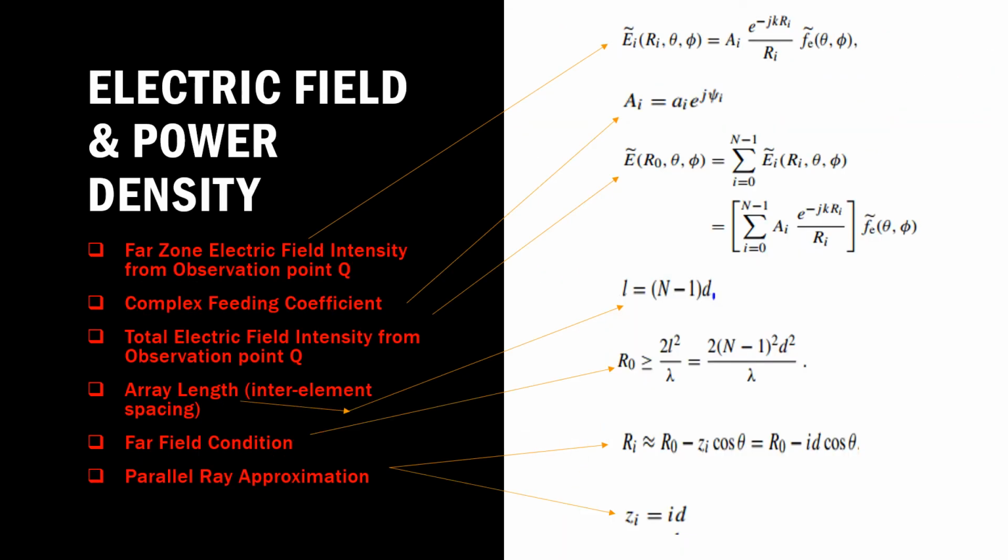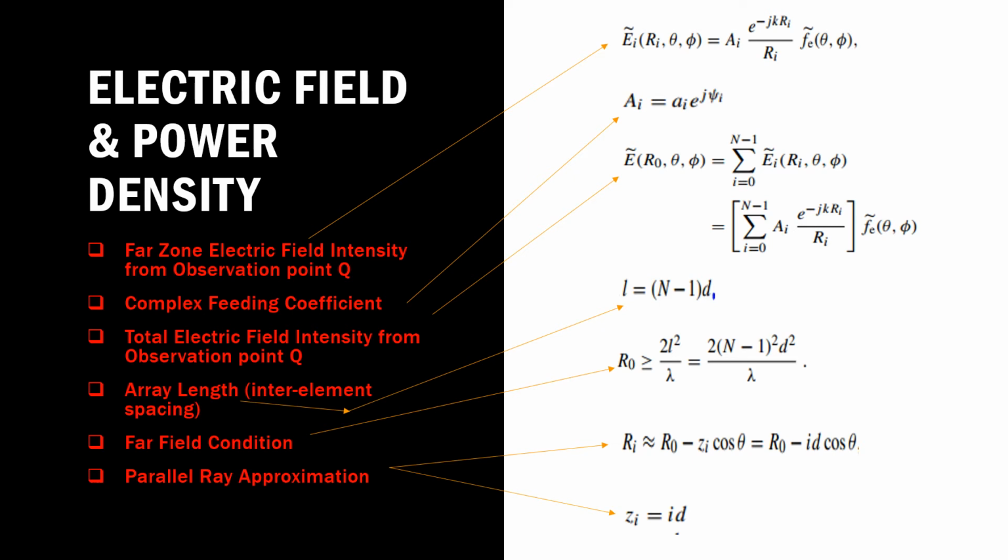In the previous slide, we have seen the electric field and the power density of every antenna element. But here we are considering the ith element's electric field.